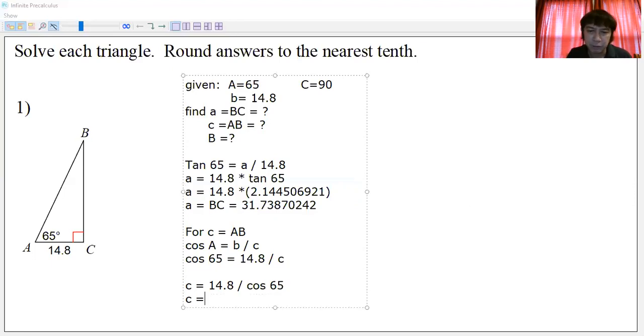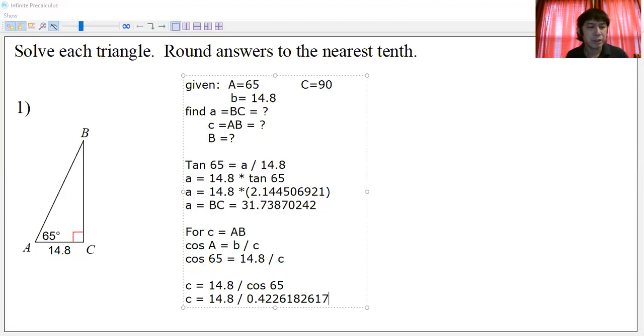So c is equal to 14.8 divided by cosine 65, which we shall get from our calculator. So you have to know how to use your calculator. That's cosine 65, and the value is 0.4226182617. That's from the calculator, of course.